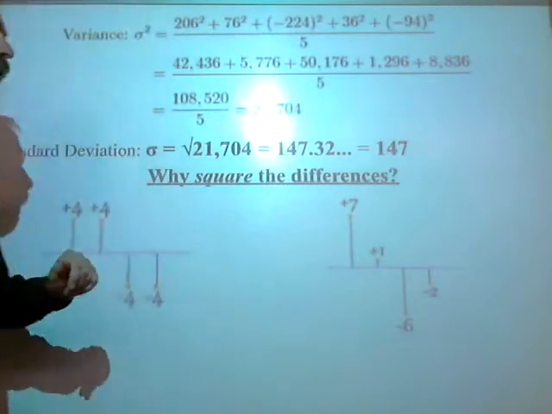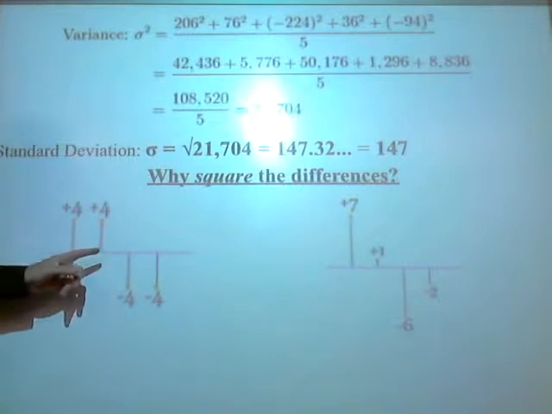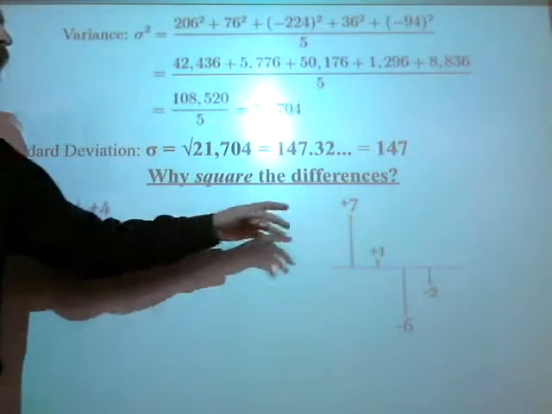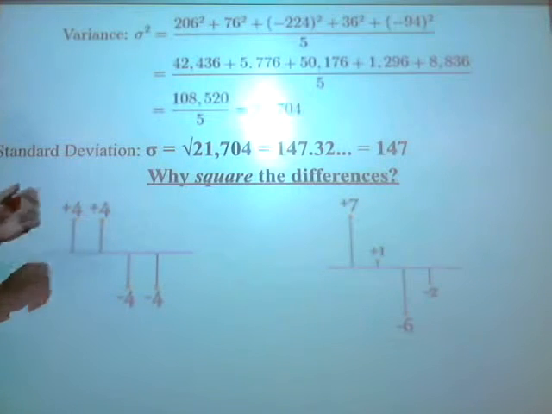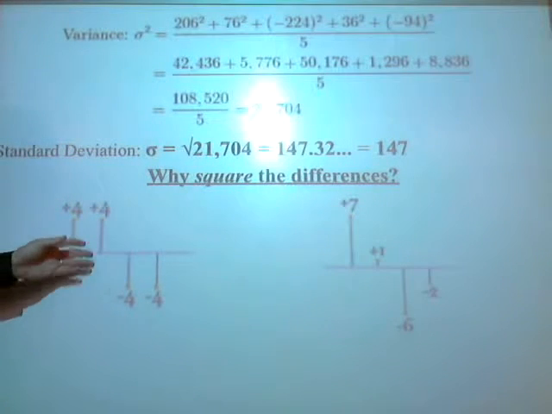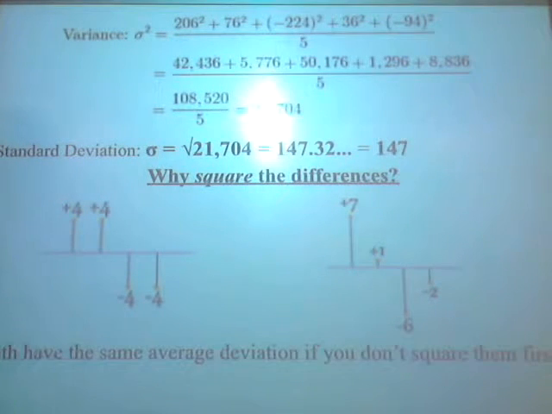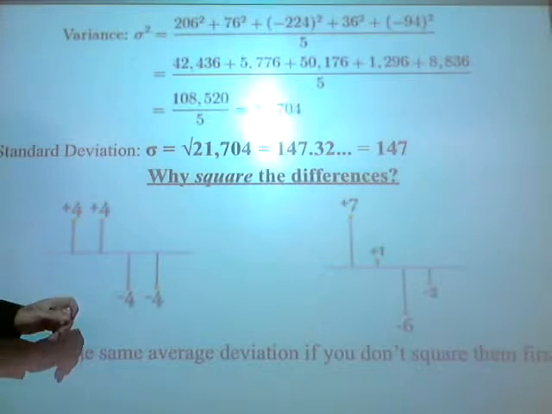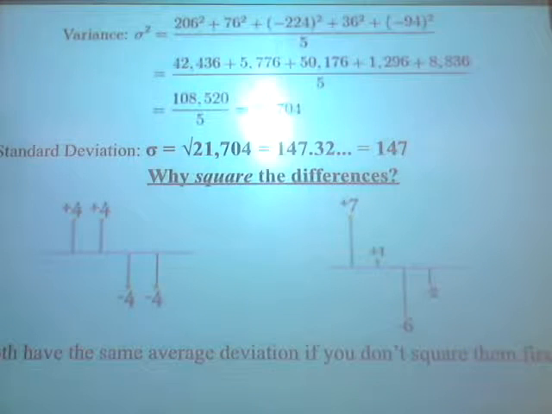Now, here's the problem. If you take the average deviation of both of these, guess what it comes out to be? Exactly the same. The average deviation for both of those comes out exactly the same if you don't square them first. If I square them first, I don't get the same result. As a matter of fact, the better deviation is the one you'd expect, this one over here, versus the other one, which I accidentally advanced the board.